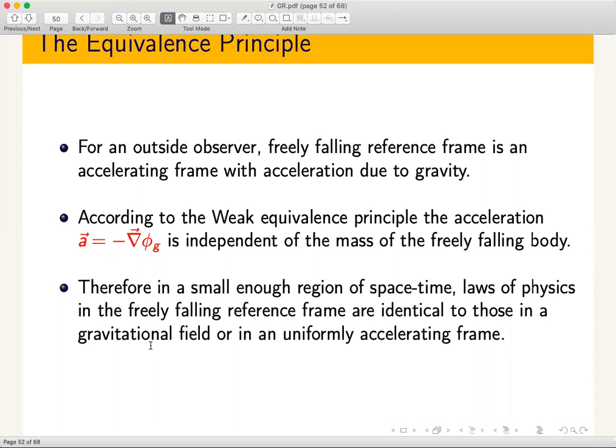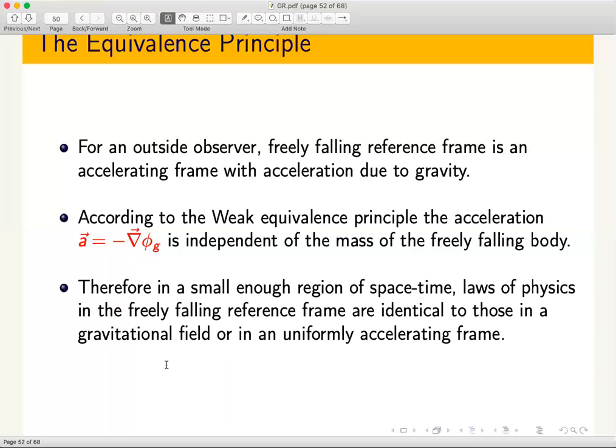For example, gravitational acceleration is 9.8 meters per second squared, very close to the surface of Earth. If you start going up, then this number itself changes. So acceleration itself has its own gradient. To avoid any confusion between this gradient and anything that would happen in an accelerating frame, in which you would naturally assume the acceleration to be constant, you choose a small enough region, where the gravitational field wouldn't change.